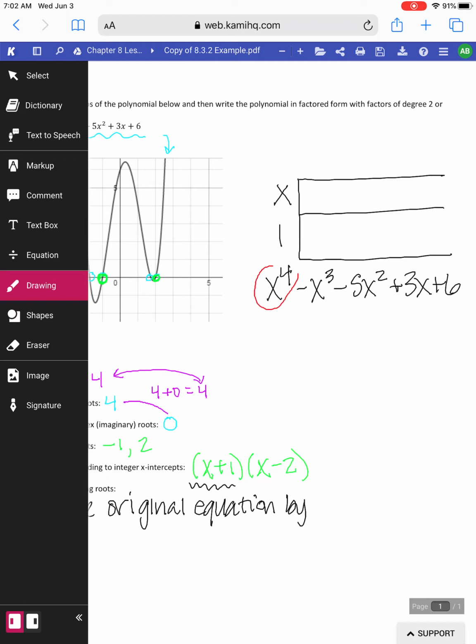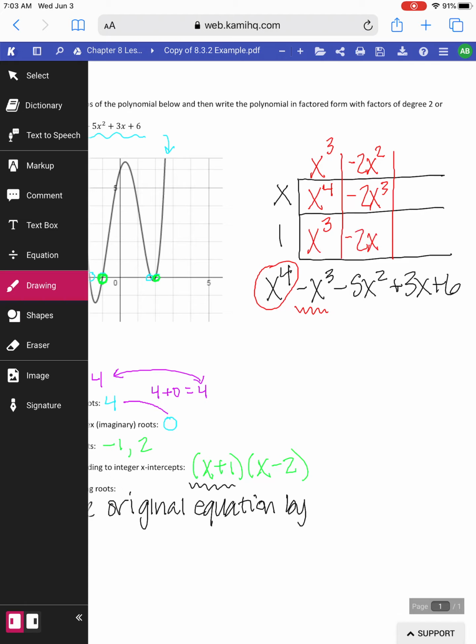Okay, so remember this x to the fourth is going to go in our top box here, and then we're going to work our way around. So x to the fourth divided by x gives us x to the third, and then x to the third times 1 gives us x to the third. But we want negative x to the third, so we need to take away 2x to the thirds. Okay, so we have negative 2x squared times x gives us negative 2x cubed.